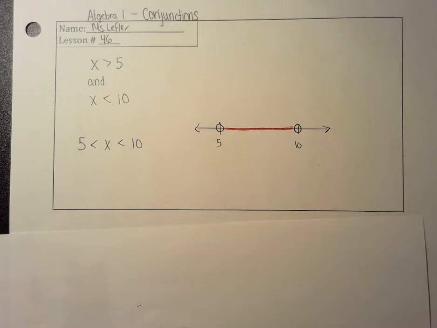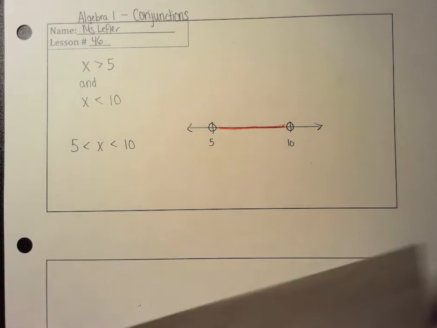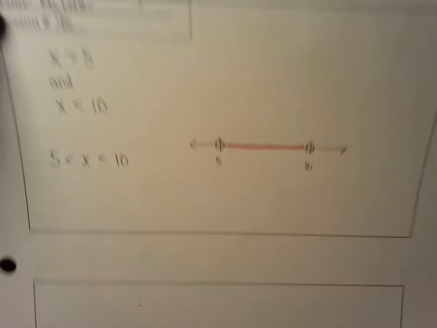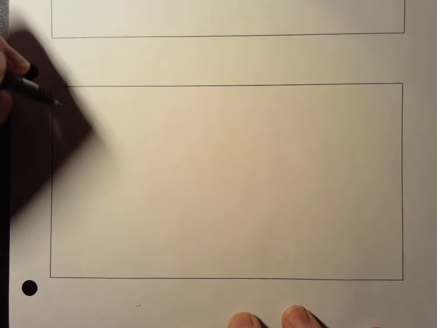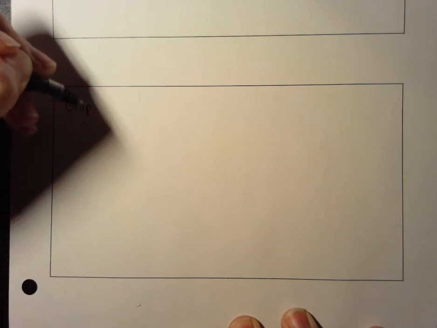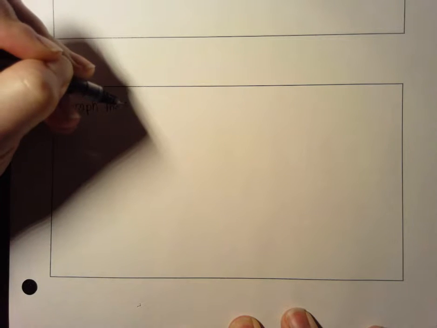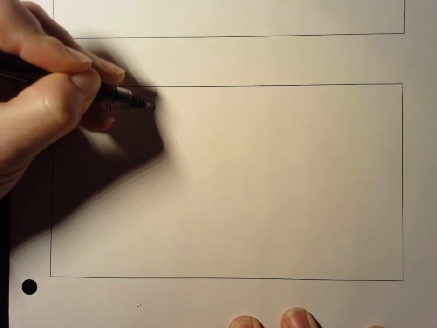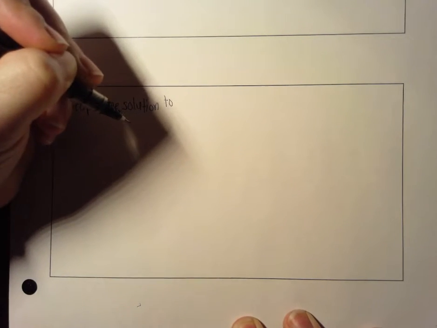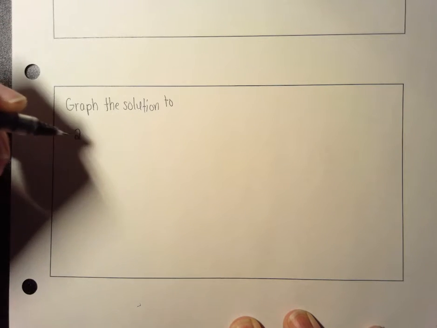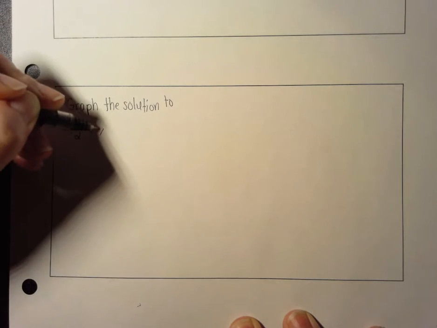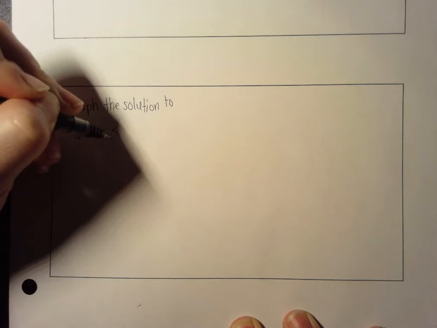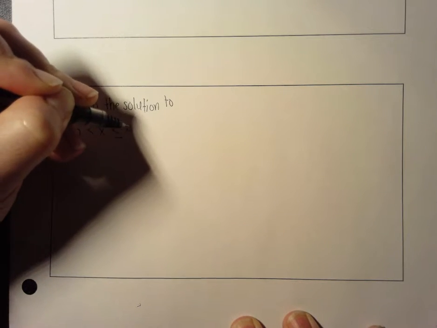So let's do another example. We're going to graph another conjunction. So here on the bottom, I'm going to draw a number line and graph the solution to -2 is less than x is less than or equal to 4.